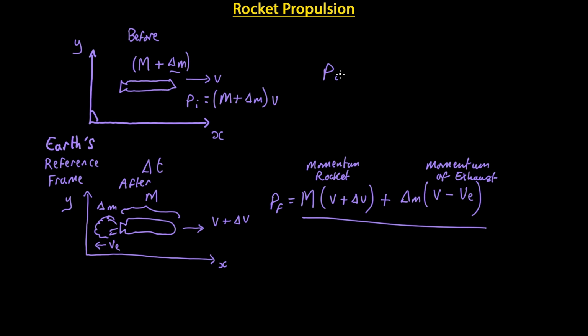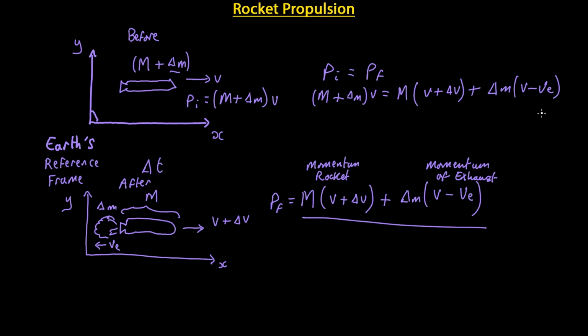So the initial momentum in this closed system should be equal to the final momentum, which means we can tie these two expressions together. So the initial momentum, which is the mass of the rocket plus a little bit of fuel that's ejected out of the back, multiplied by the rocket's initial velocity, will be equal to the total mass of the rocket plus its new speed plus the momentum of the exhaust.